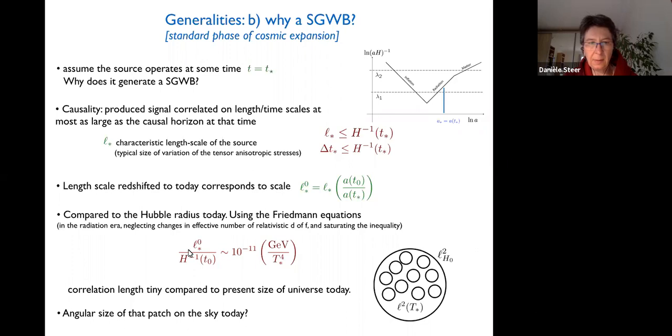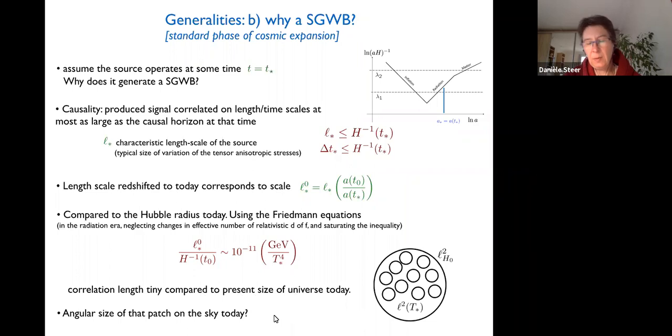The size of this length scale redshifted to today, divided by the Hubble radius, the causal horizon today, is of order 10 to the minus 11 for a temperature T star at which the source operates of order GeV. So if this source operates at any reasonable temperature in the radiation era, then this correlation length is tiny compared to the present size of the universe.